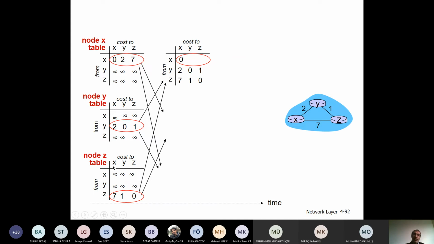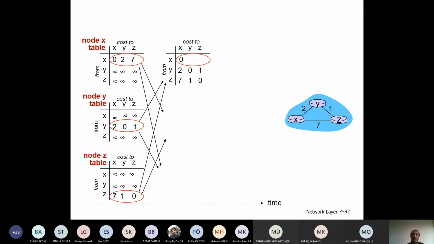Let's look at node Z: the cost from Z to X is 7, the cost from Z to Y is 1, and the cost from Z to Z is 0. So in the first time slot, all the nodes calculate the cost to their direct neighbors.